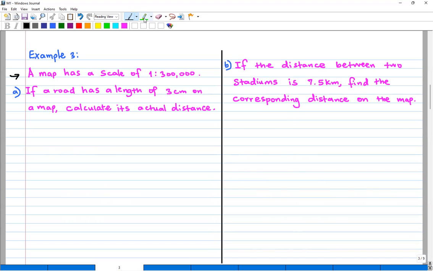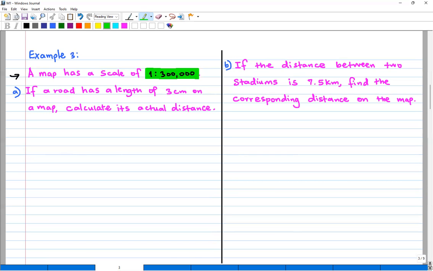Now, this scale tells us that when we have 1 centimeter on a map, it actually means 300,000 centimeters, which is the actual distance. So when you have a distance of 1 centimeter on a map, it does not mean that the real distance from that place to another is 1 centimeter.